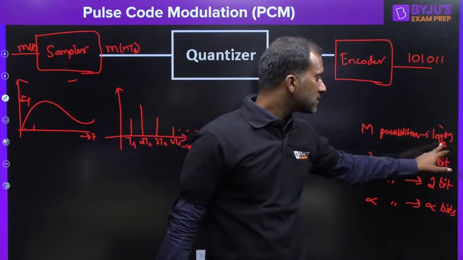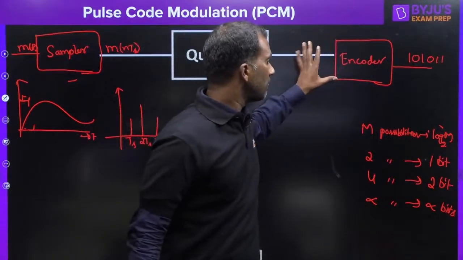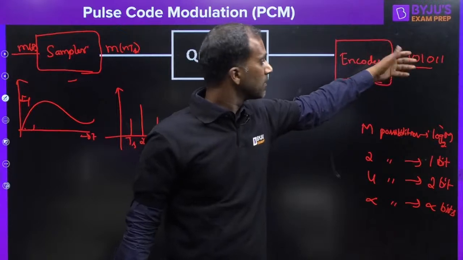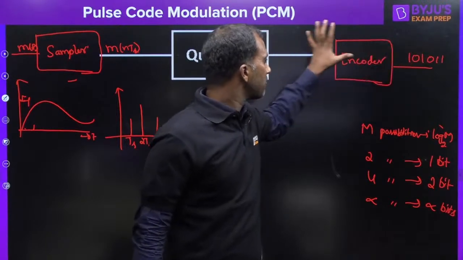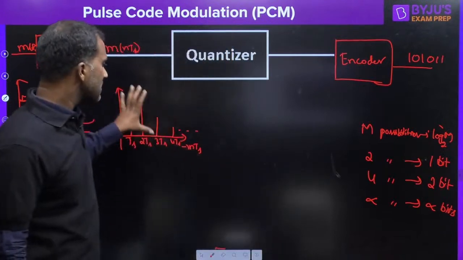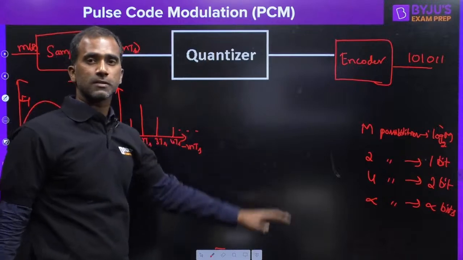If you want finite bits, we should have finite possibilities. At the input of the encoder, we don't want infinite possibilities because we can't spend infinite bits. If you want finite bits here, we should have finite amplitudes possible here. But what we are having here is infinite possibilities. Now you can tell me, what is the job of a quantizer?